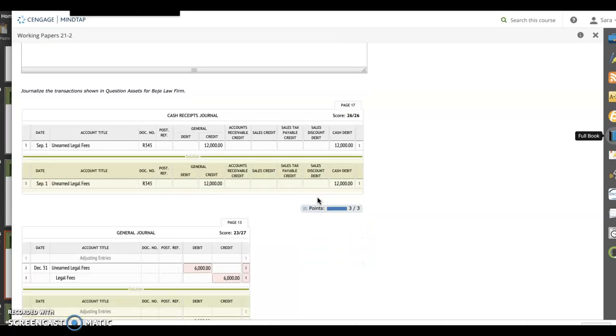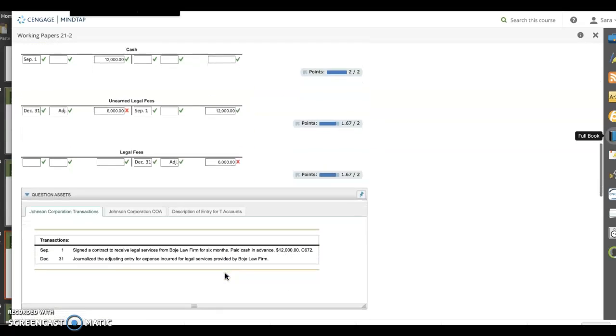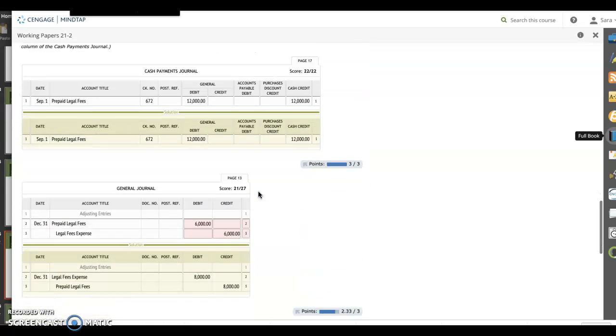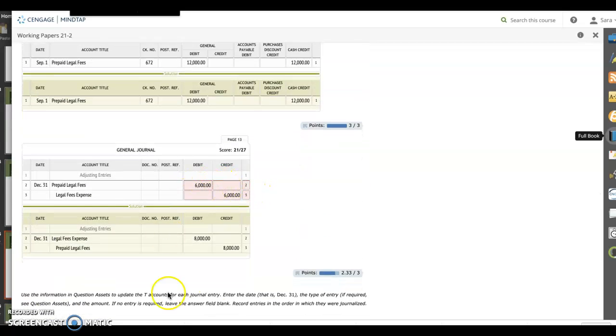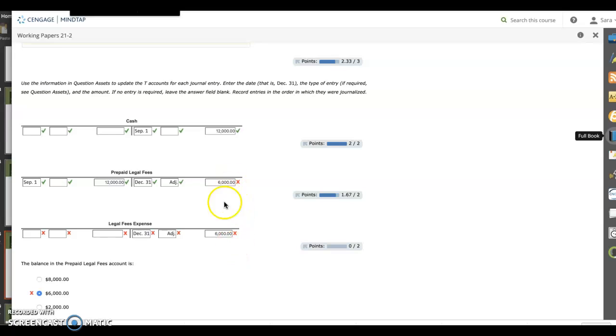So same calculation, 2,000 times 4, so 8,000, which means we have that same mistake down below. So then that's just changing that to 8,000 and 8,000. Then, like I said, same thing down here, which then means our other ones are incorrect as well. So sorry about that. So just making a few changes.